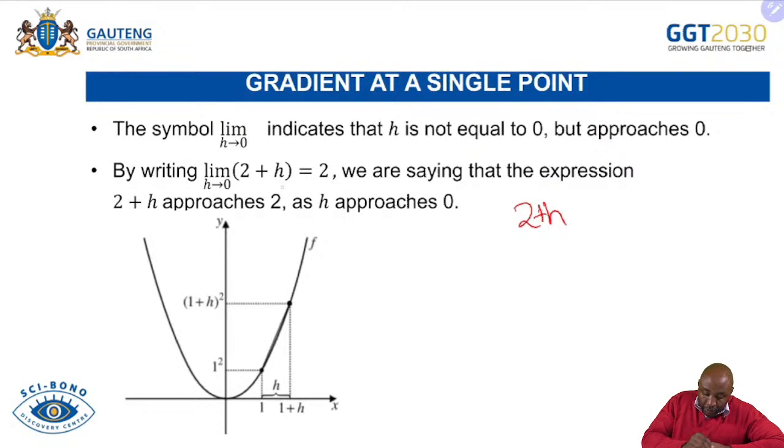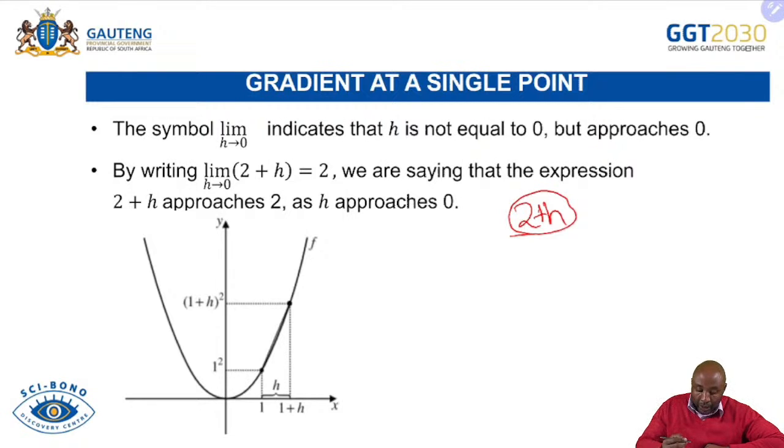When we want to evaluate the limit, I know some of us are taught to substitute whatever value is being approached, but the correct way is to investigate what happens as h approaches 0 from the left as well as approaching 0 from the right.